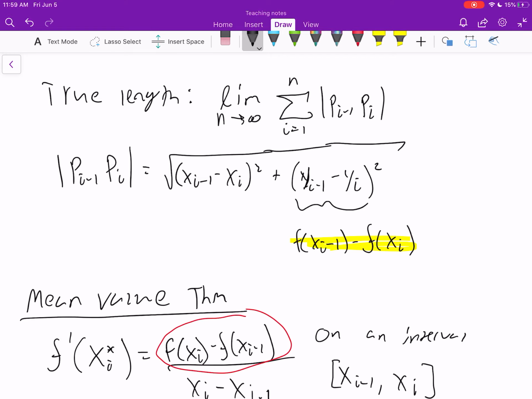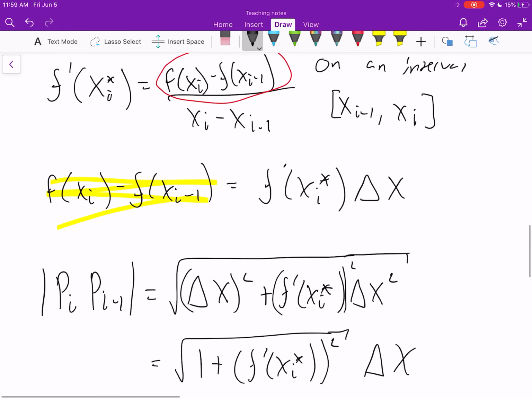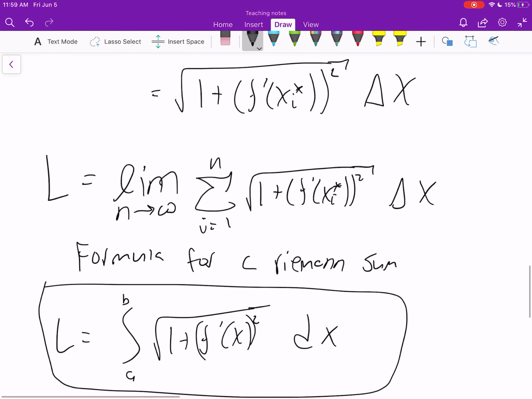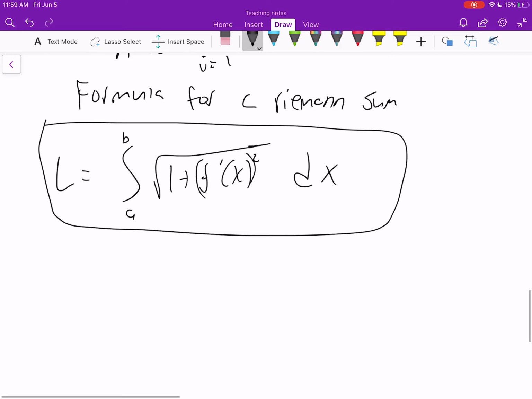The way I did that is to use the mean value theorem to bring in the derivative of the function. And from that, I was able to get a Riemann sum that I turn into an integral when I take the limit. But anyway, if all that went over your head, you weren't paying attention, looking at your phone while I was talking. This is kind of the crux of the chapter.